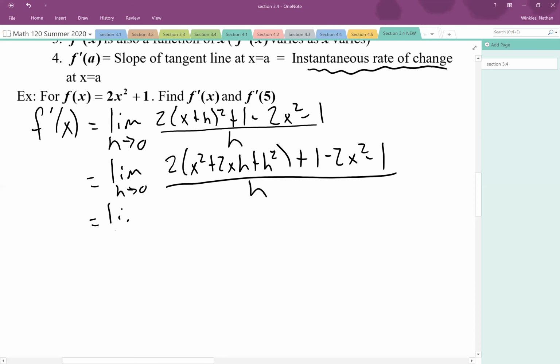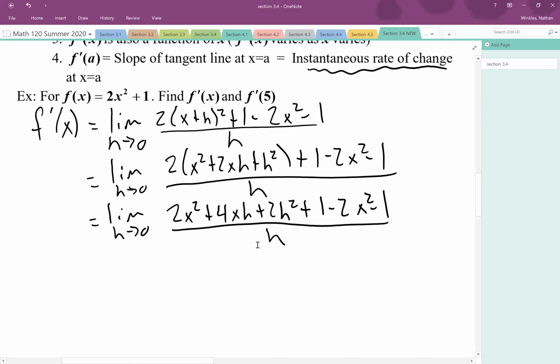If we simplify this a little bit, limit as h goes to 0, we get 2x squared plus 4xh plus 2h squared plus 1 minus 2x squared minus 1 all over h. By looking at this now, we can cancel things out.